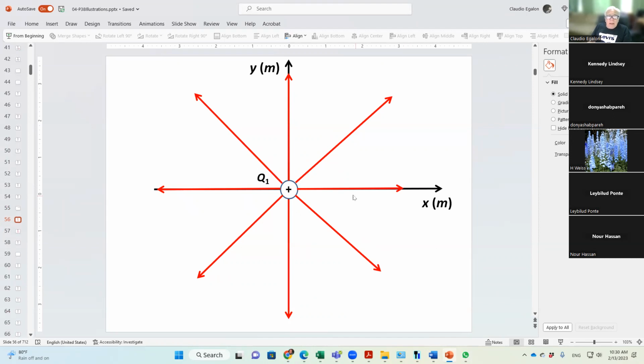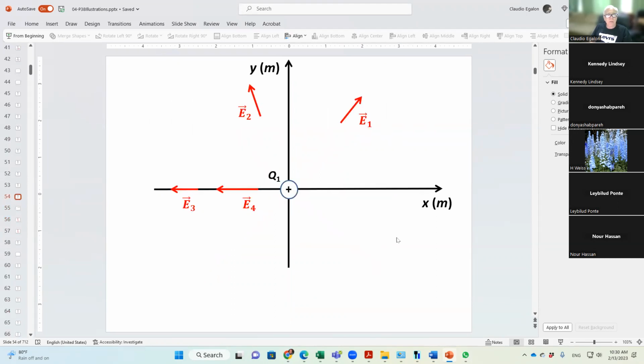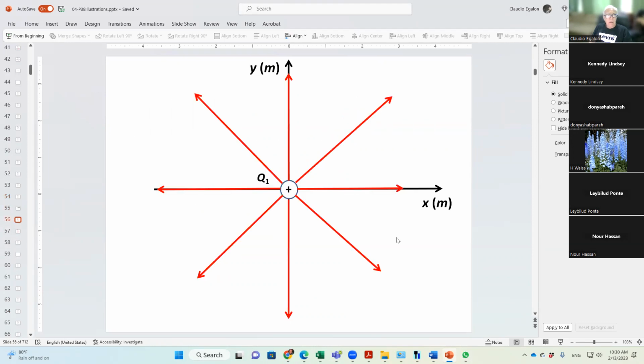Very important. In the case of the vector notation, the stronger the electric field, the longer the length of the arrow. Here, the strength of the electric field is not denoted by the length of the arrow, but by the closeness between electric field lines.